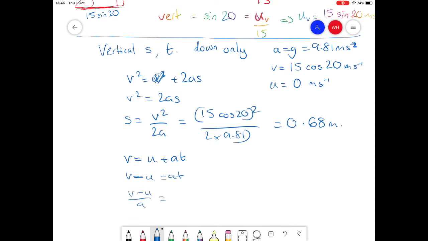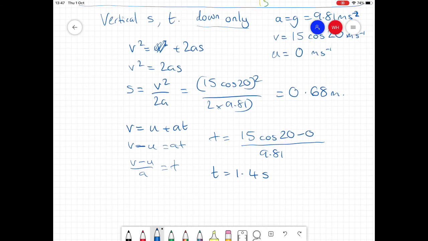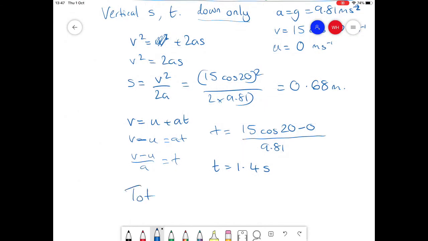V minus U over A equals T. So T is V, 15 cosine 20, minus 0 over 9.81. 15 cosine 20 divided by 9.81. 1.4 seconds. But this was for down only. The up is the same, so total is twice that.